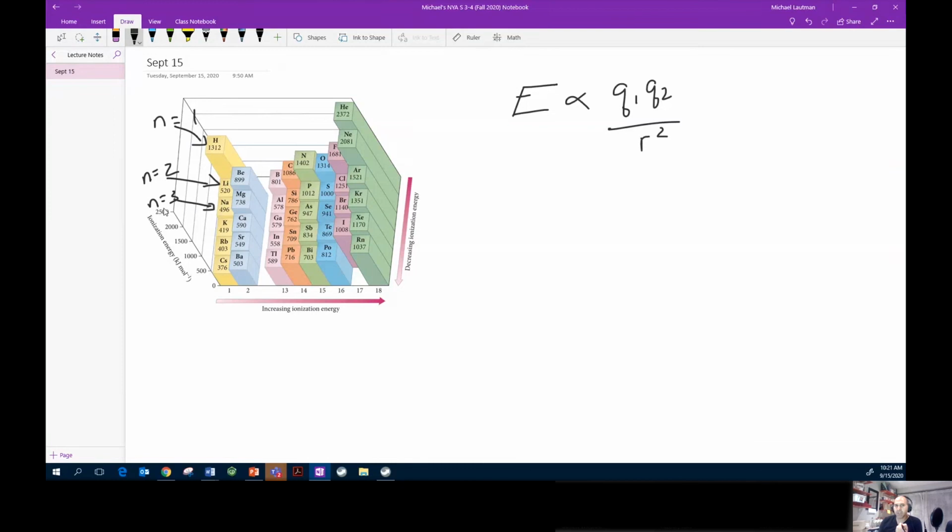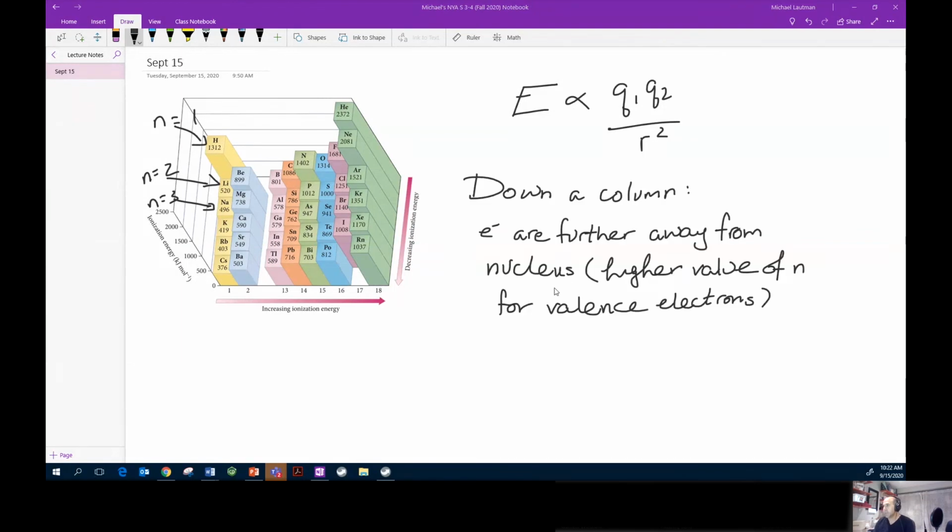The valence electrons are getting further and further away from the nucleus, so the electrons are held onto less tightly. It becomes easier to remove them simply because they're further away. That's the main factor as we go down a group: the valence electrons are further and further away, so they're held onto less tightly.